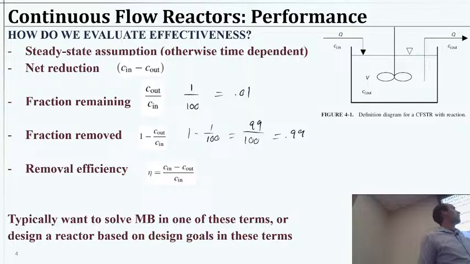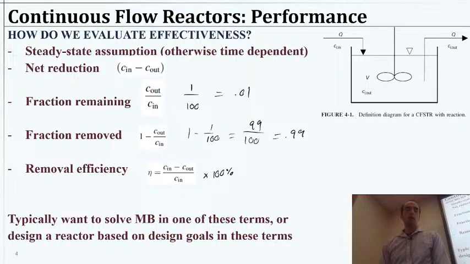But my point is, we can solve for, let's say, removal efficiency, we'll call it nu, C in minus C out over C in, and maybe if we want it in a percentage, we can multiply it by 100%. This by itself is a fractional efficiency, and we could put our entire mass balance in terms of that. And then that would give us a way to get efficiency as a function of something like hydraulic residence time.